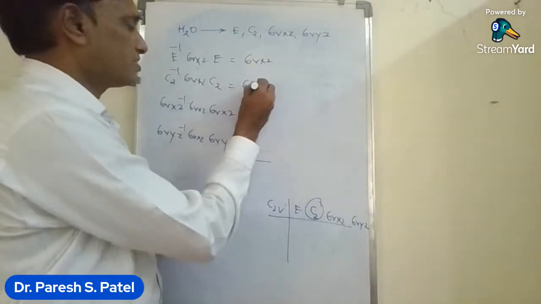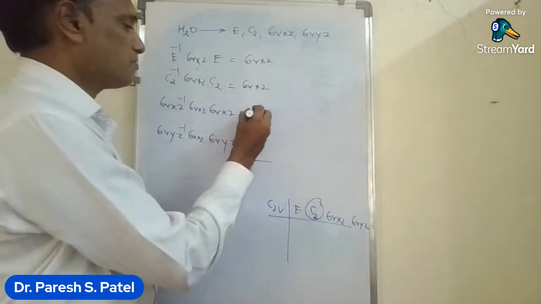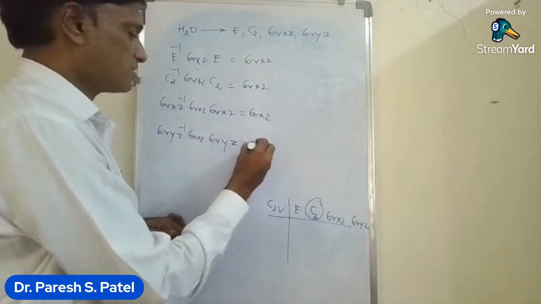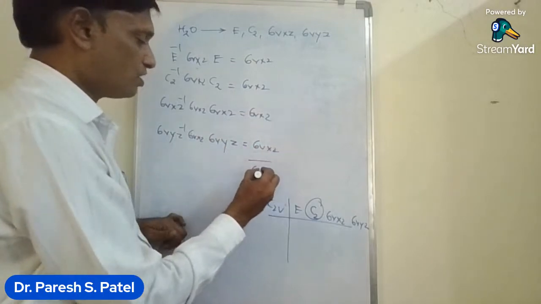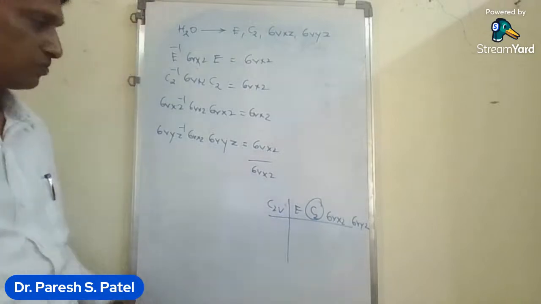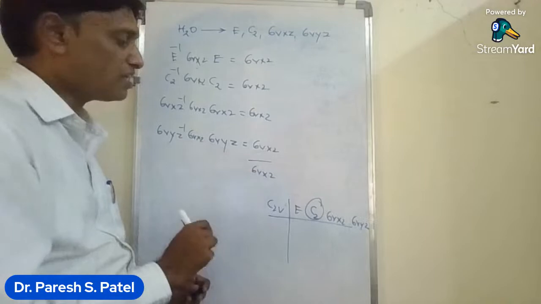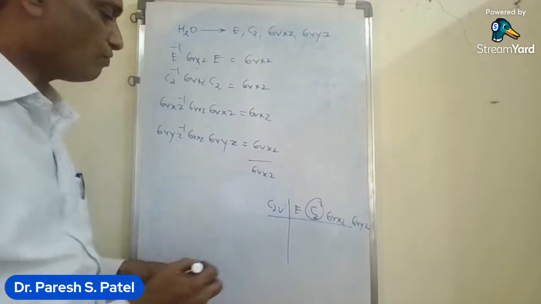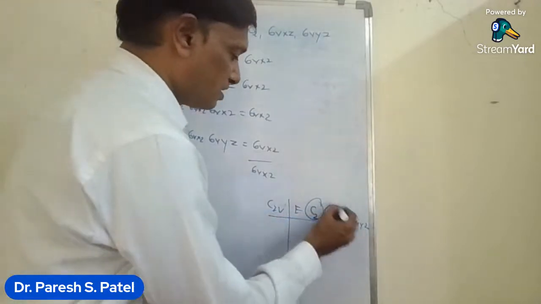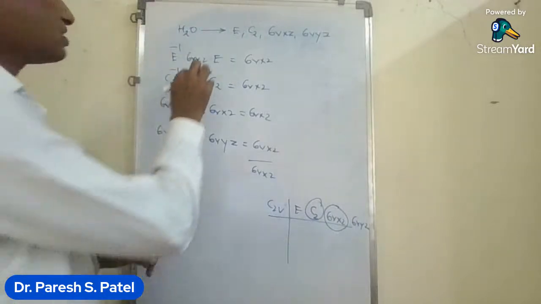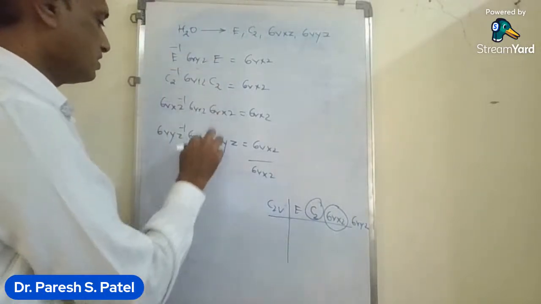Again sigma V xz. Similarly, sigma V xz. So the overall result is sigma V xz. So sigma V xz is conjugate to sigma V xz itself to form an individual class.